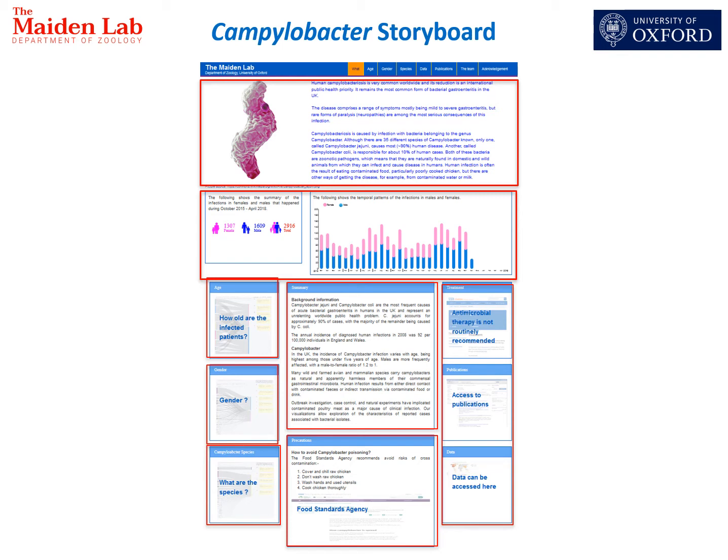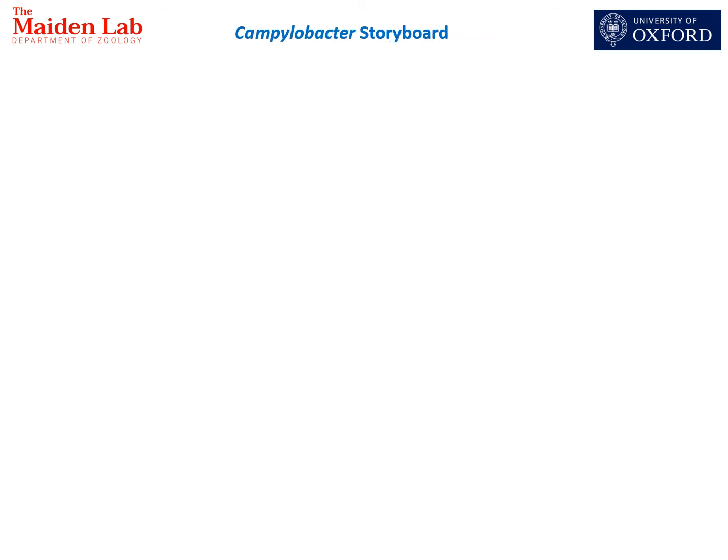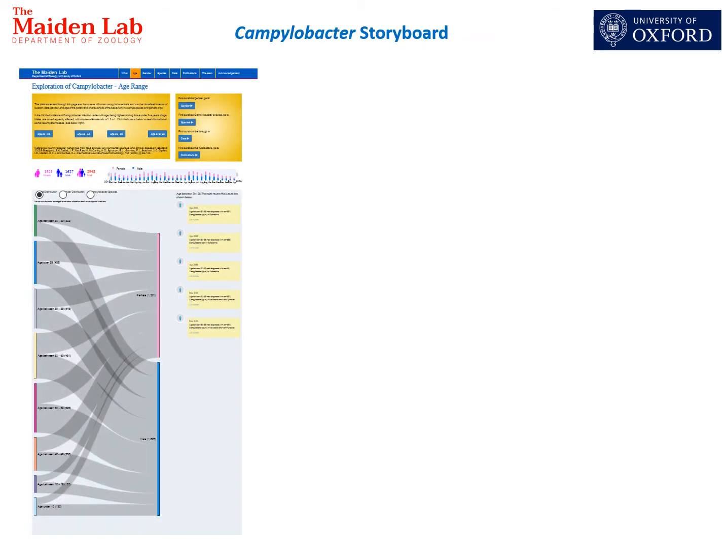Let us click on the age group panel. Here you can interactively explore the age group of the data in PubMLST. For example, this is the Sankey diagram, and it shows the relationship between the age group and the gender.